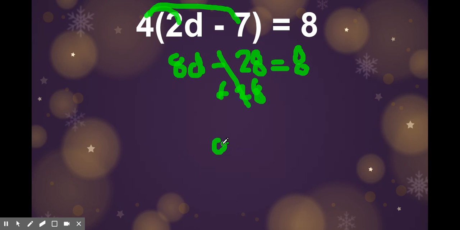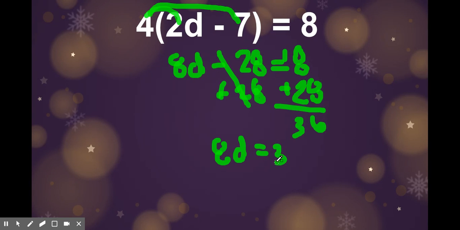Cancels that out. On this side, I'm left with 8d, and I'm going to have to add 28. Sorry, I didn't line up my place values. 8 plus 8 is 16. 2 plus 1 gives me 3. So 8d is equal to 36.